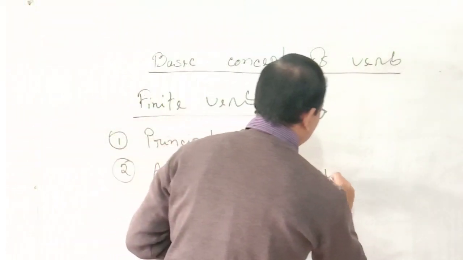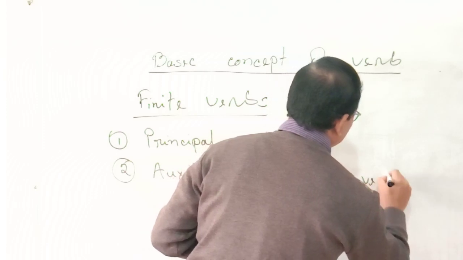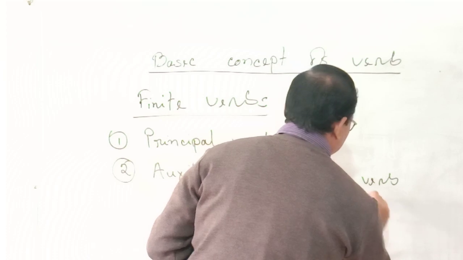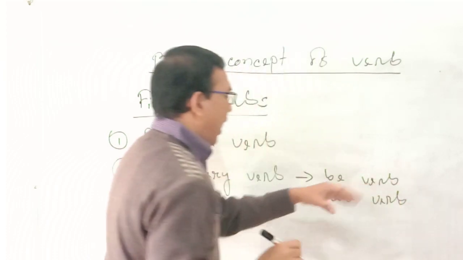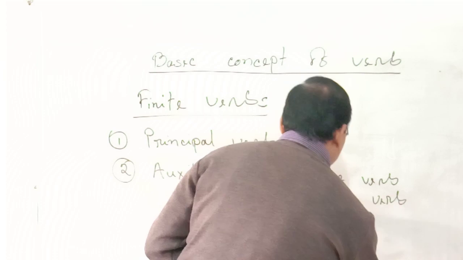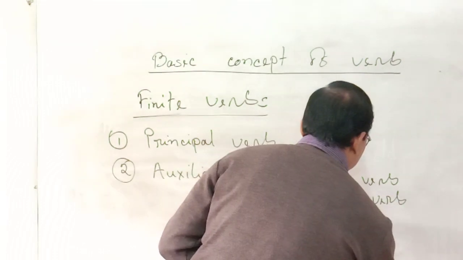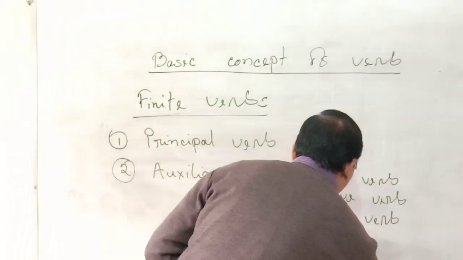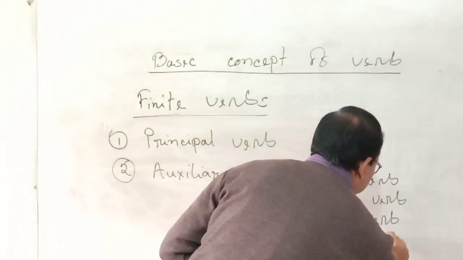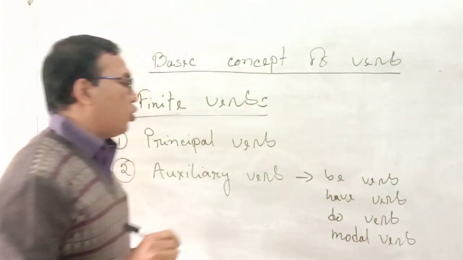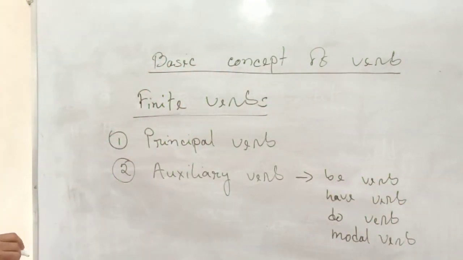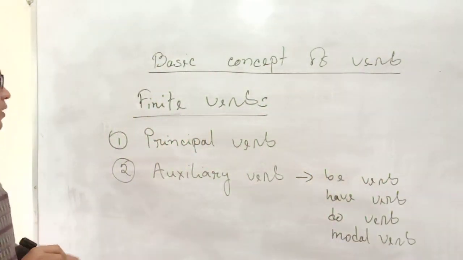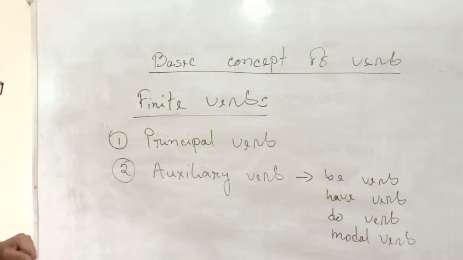They are be verb: am, is, are, was, were; have verb: have, has, had; do verb: do, does, did; and modal verbs: can, could, shall, should, will, would, may, might, must, dare, need. All the auxiliary verbs are finite verbs.